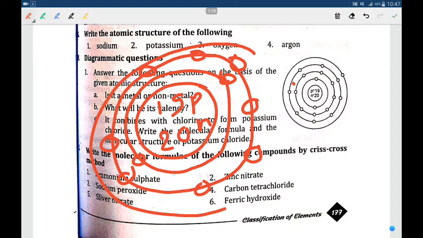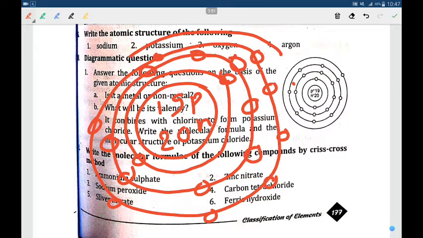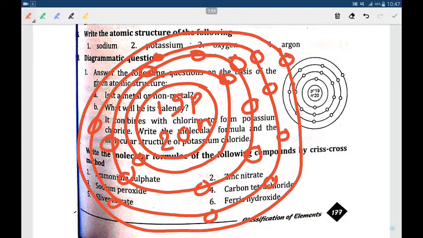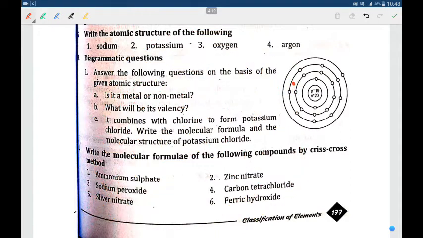Third orbit 1, 2, 3, 4, 5, 6, 7, 8. Again, one more, and we have to draw 1 electron. 2, 8, 8, 1. Okay, that is the potassium. 19 proton, 20 neutron. K shell 2 electrons, L shell 8 electrons, M shell 8 electrons, N shell 1 electron. Okay. K 2, L M 8, 8 and 1.